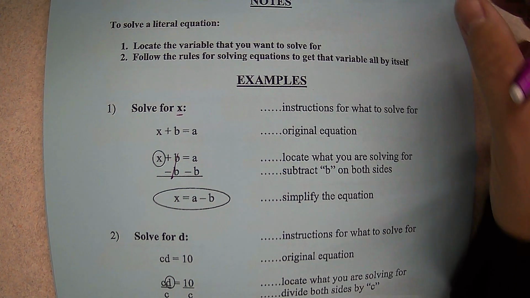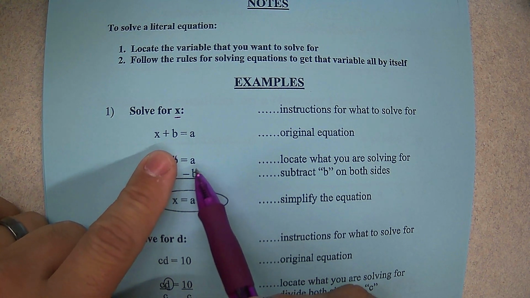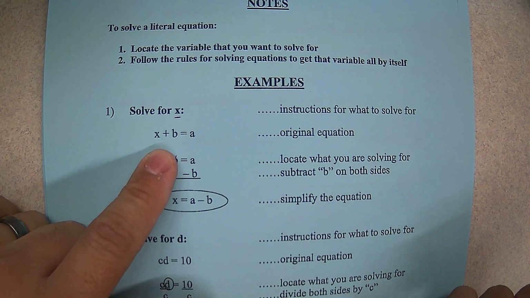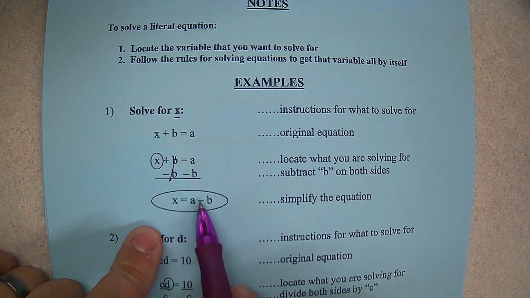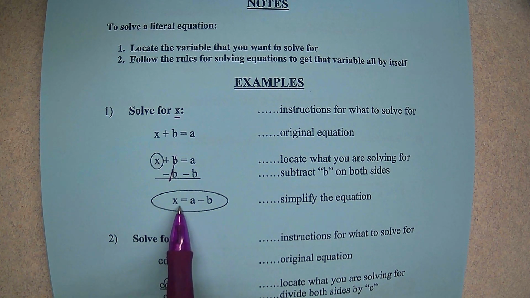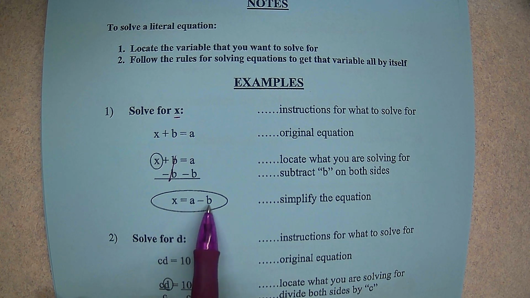And you're going to be left with a minus b. Well, I don't know what a is, so I can't do that subtraction right now because I don't know what the letter a is. So we just write it as a minus b. We get our answer then. This equation solved for x is x equals a minus b.